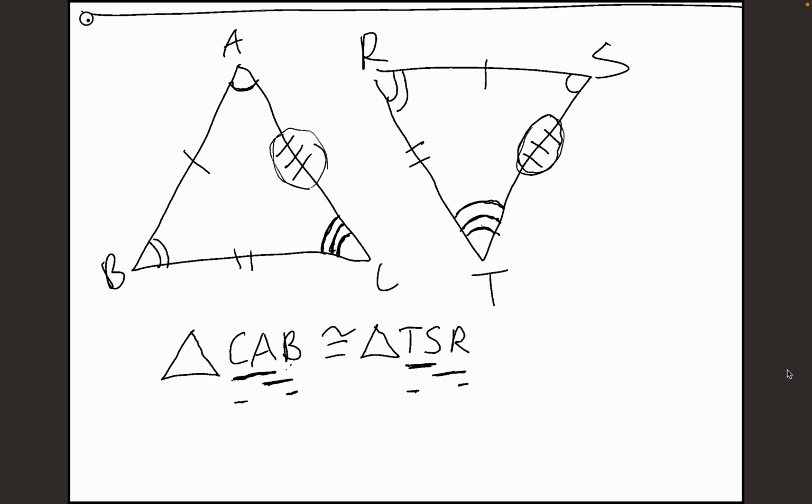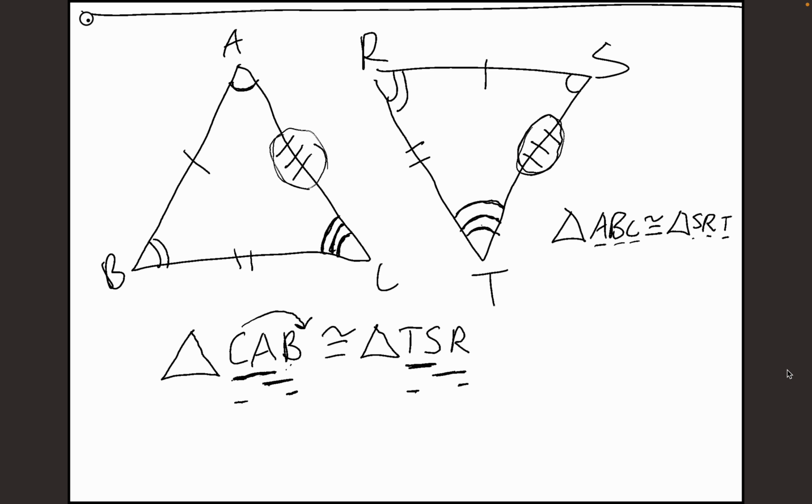Let's say I did triangle ABC is congruent to triangle. Now, if I did ABC, notice how the C just goes at the end? So how should I name this one? SRT. And if you notice, A and S are congruent, B and R are congruent, C and T are congruent, and that's in the same order.